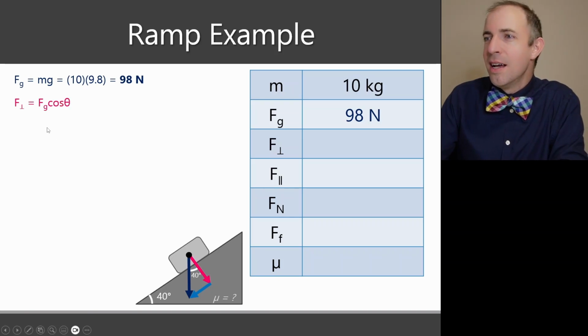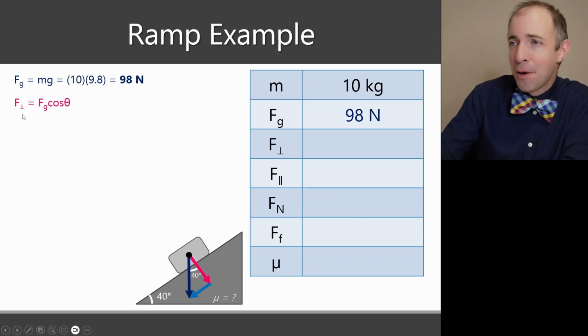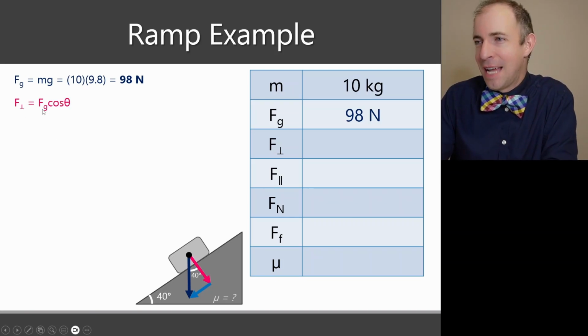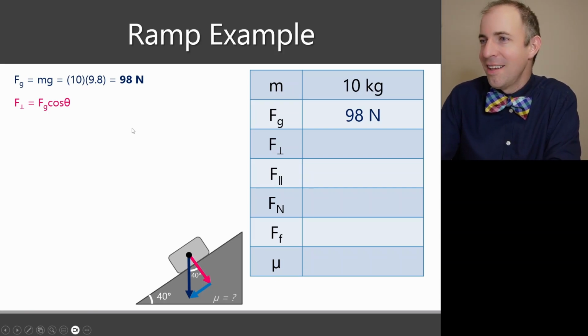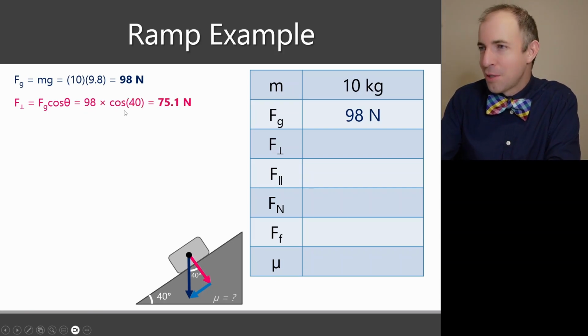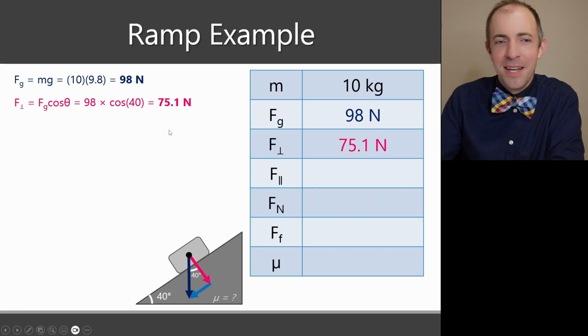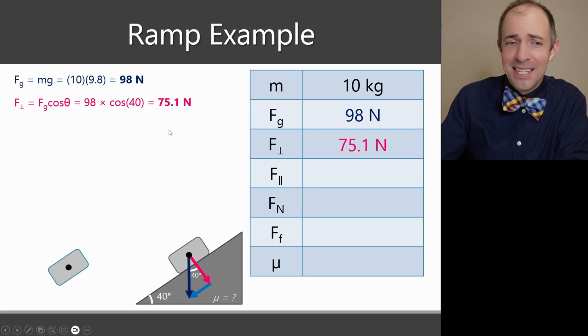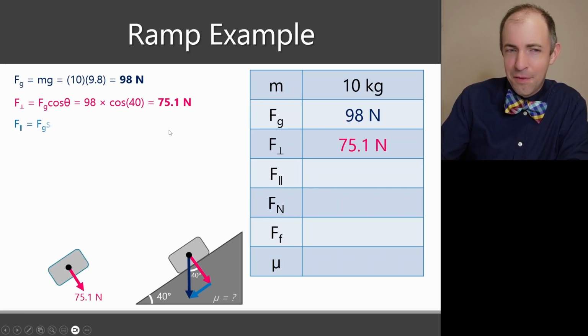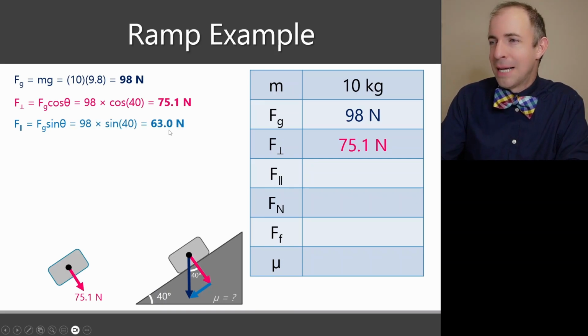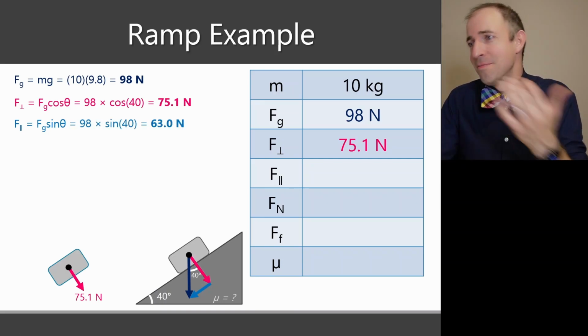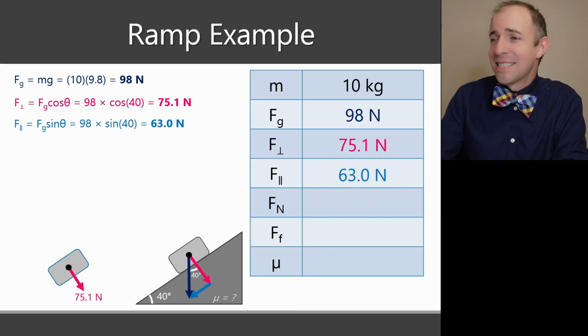It's adjacent, so we're going to use cosine. F perpendicular is Fg times the cosine of theta. That is 98 times cosine of 40, which is equal to 75.1. I can do the same thing, only using sine to find the parallel force. Parallel force is Fg times the sine of theta, sine of 40 degrees. That gives me 63 newtons.